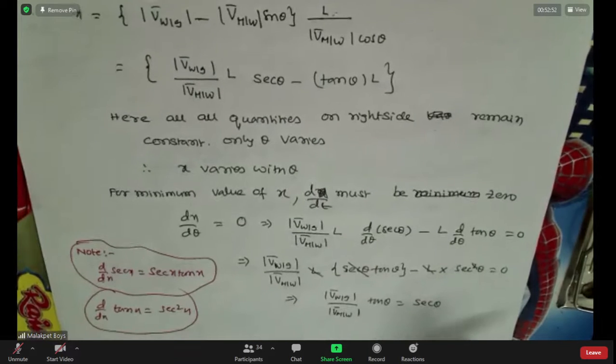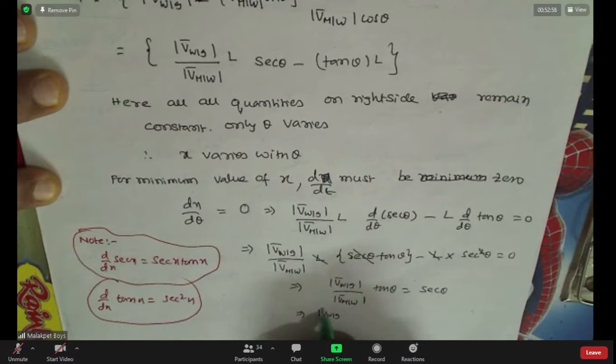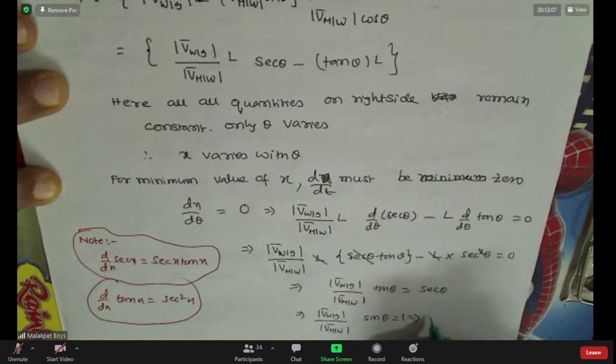Now this can be written as sin by cos. That means sin theta is how much?